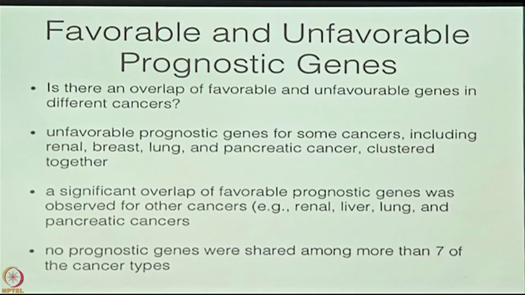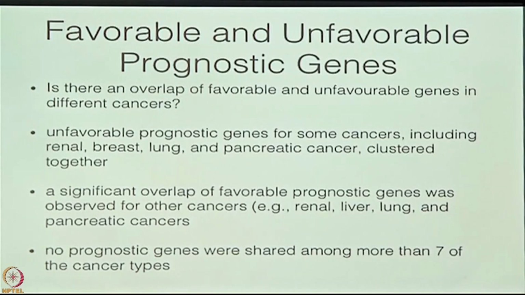Now, in favorable and unfavorable genes, did we find the same favorable genes in more than one cancer, and unfavorable genes in more than one cancer? Yes, there is a big overlap. Some unfavorable genes for some cancers like lung cancer and pancreatic cancer clustered together.